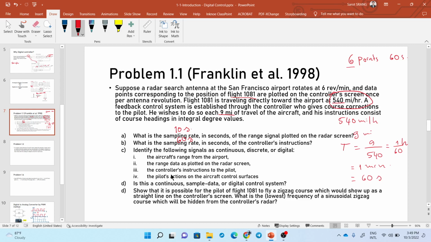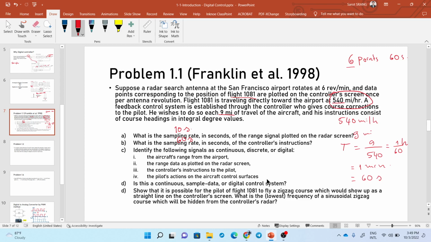Okay, this one, the controller's instruction to the pilot. Discrete, because it's every 9 miles. Yes, every 60 seconds the controller sends an instruction as feedback, right? And the pilot's action on the aircraft control surface. Is it continuous, discrete, or digital? Continuous, because no one is trying to control it.